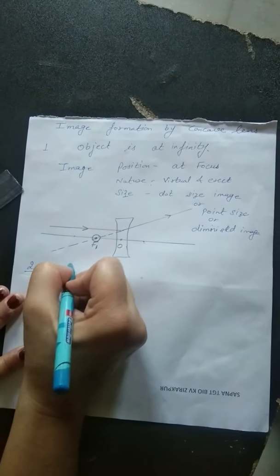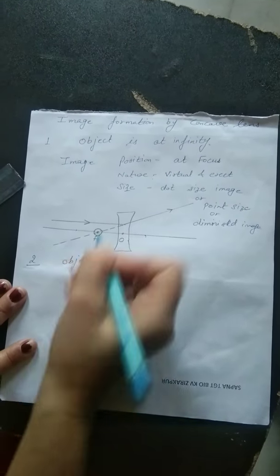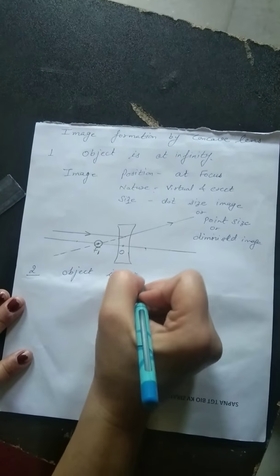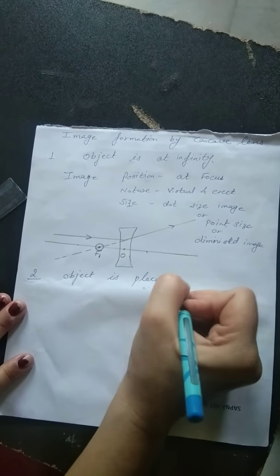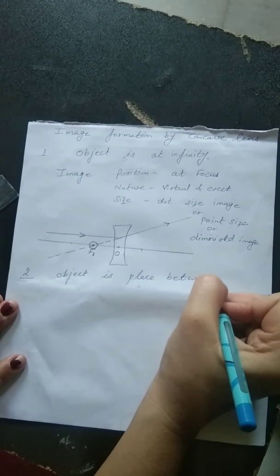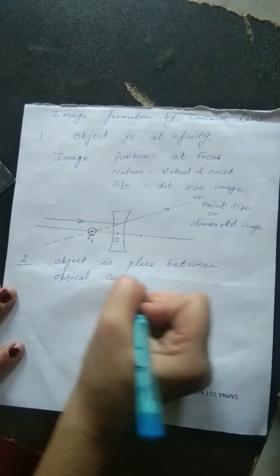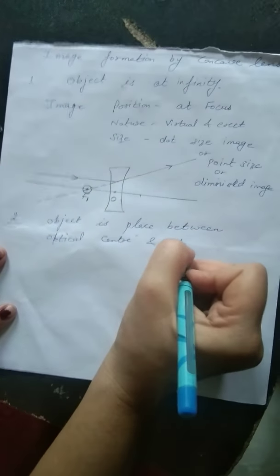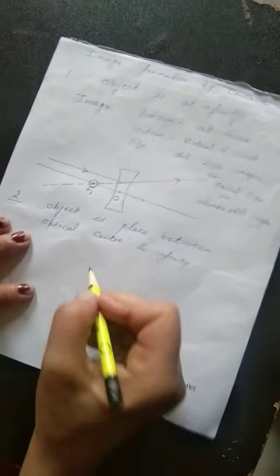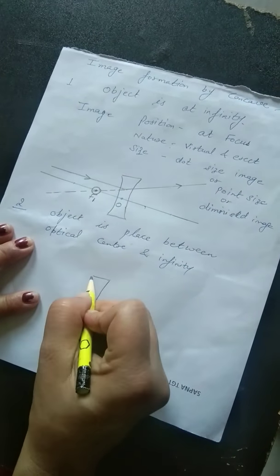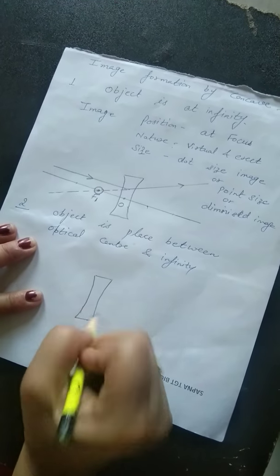Second one, object is placed between optical center and infinity. You can place the object anywhere in front of the concave lens.